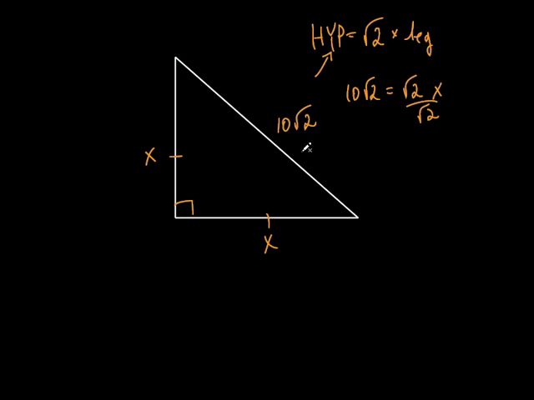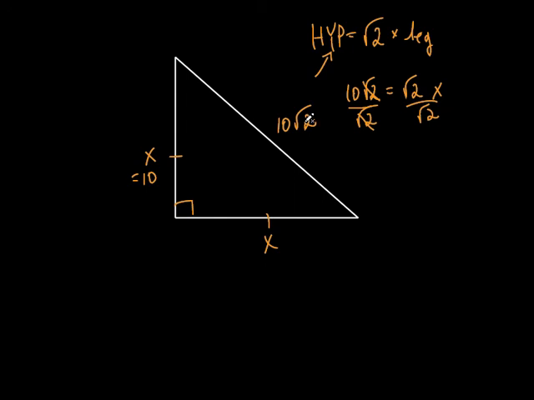Do you see it? So if they give you the hypotenuse, how do you get the leg? You don't multiply by the square root of 2. You do the opposite, which is divide by the square root of 2. Everybody see that? And so look what happens. Then you got your 10 right there. And now it makes sense, doesn't it? Because if I started off with 10, the hypotenuse would be 10 square root of 2.